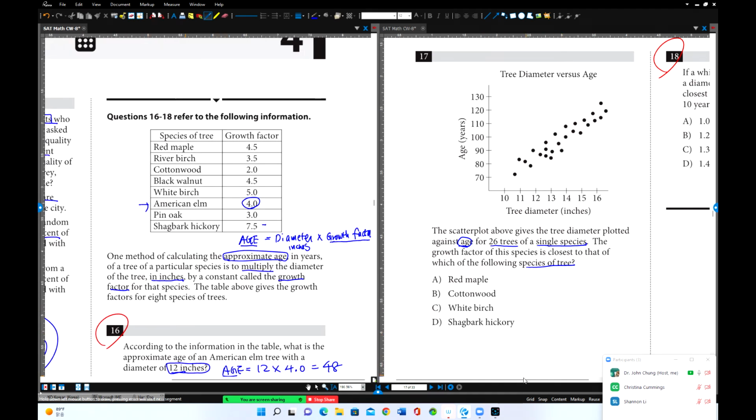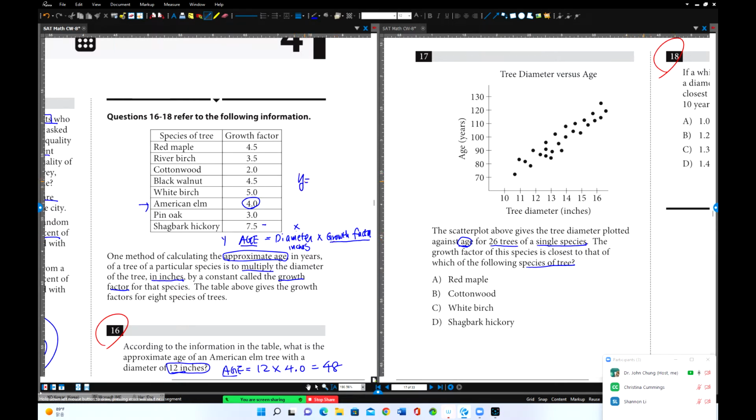The tree diameter is getting bigger. You know that age equals diameter times growth factor. This is x, the diameter, and this is your age, y. So diameter increases and the growth factor is constant.